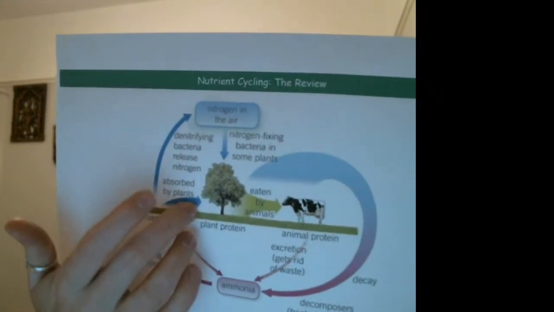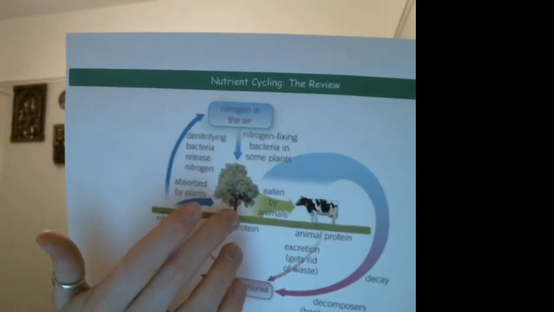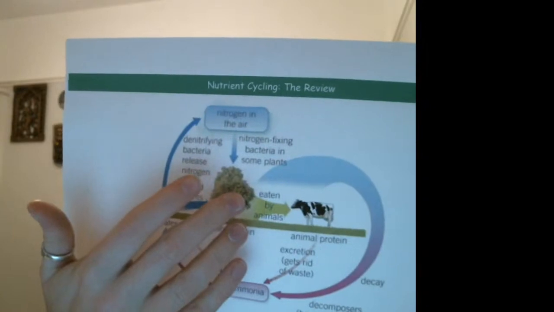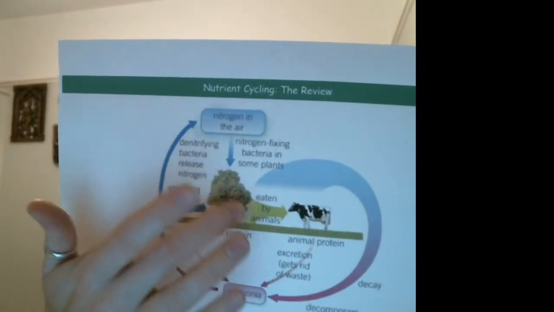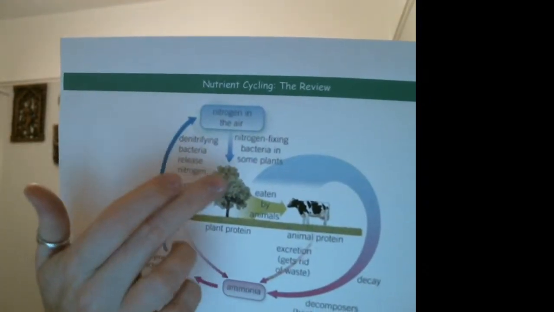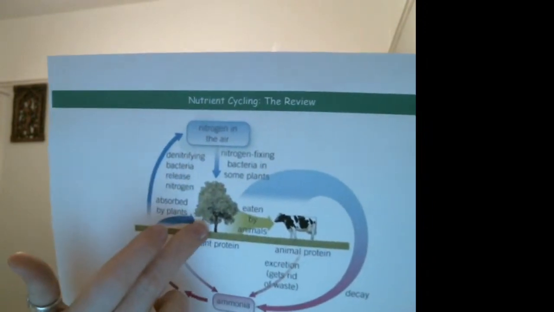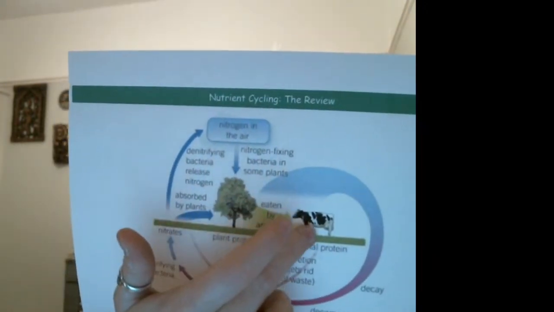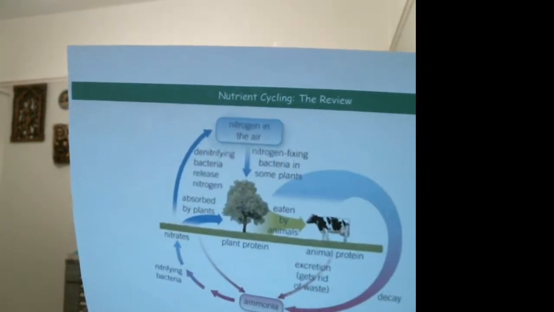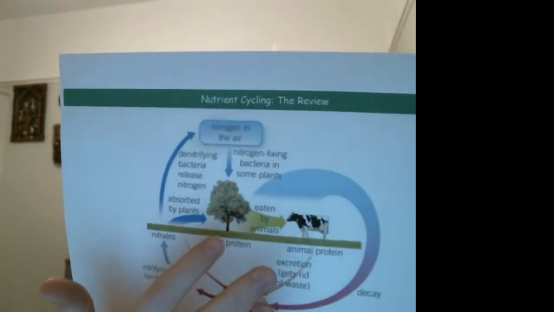Once the nitrates have been absorbed by the roots of the plant, it will use them to change into proteins, and that becomes part of the biomass of the tree. From there, we can have the plants eaten by animals, and that means the proteins from the plants are passed on to the animals and becomes animal protein.